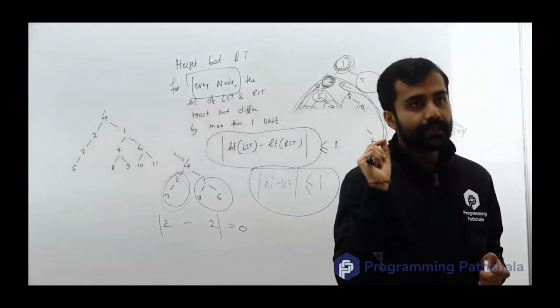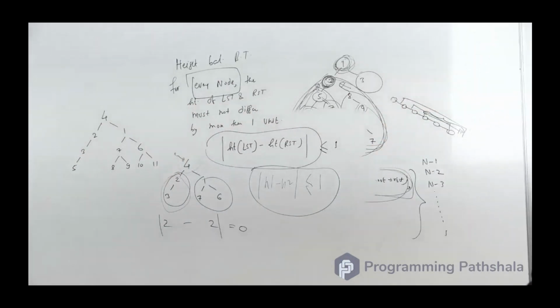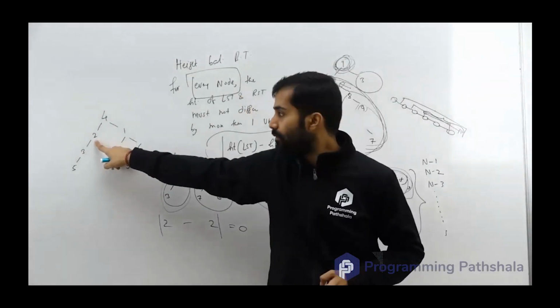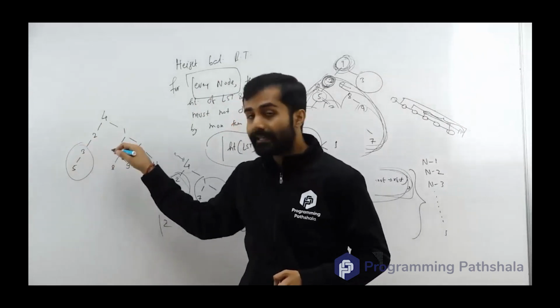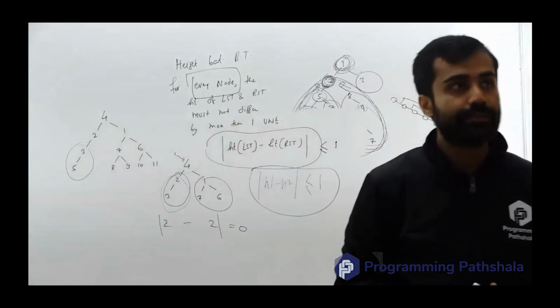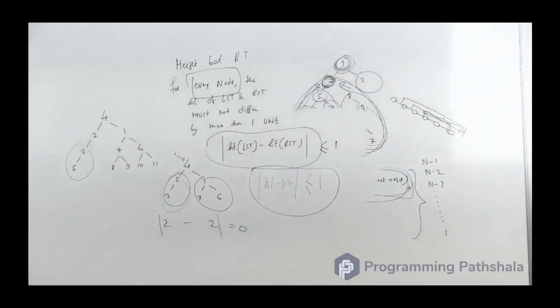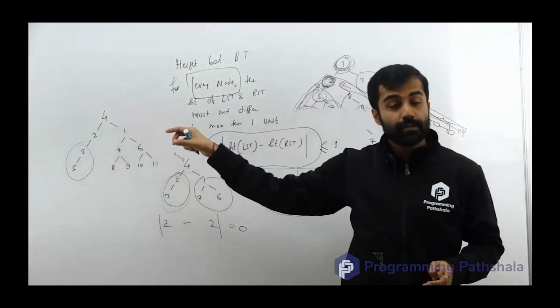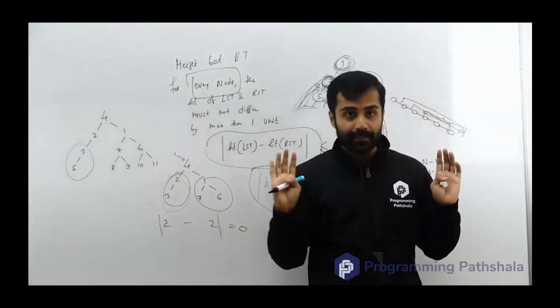No. What is the culprit node over here? Which node is not abiding by the rule? This 2 is not abiding by the rule because for this 2, the left height is 2 and the right height is 0, and 2 minus 0 is not smaller than or equal to 1. Correct? So what you have to do is perform this check for all the nodes. So you can solve this question exactly like the diameter question.